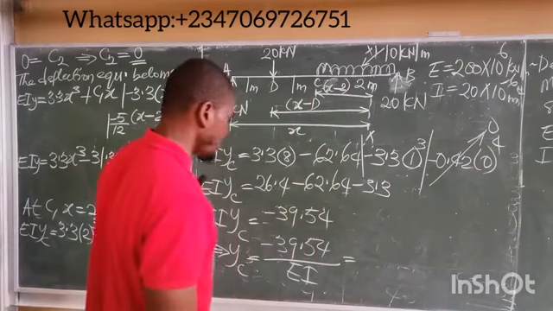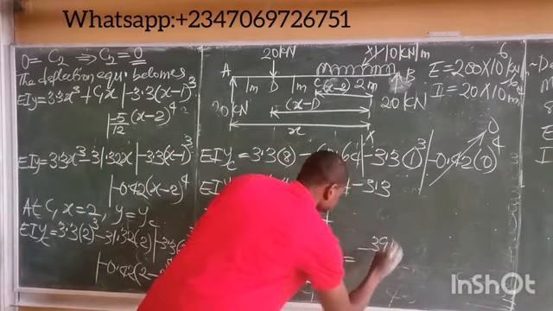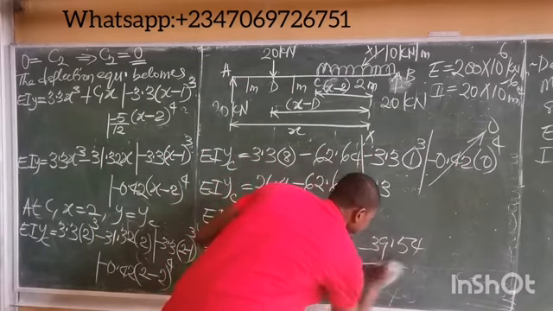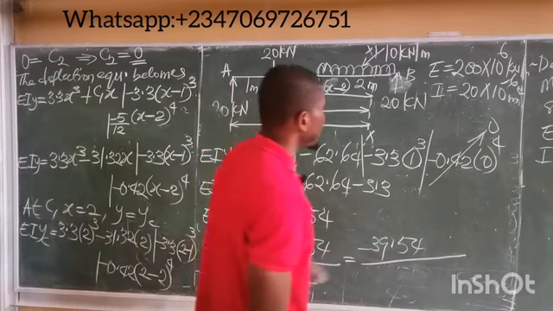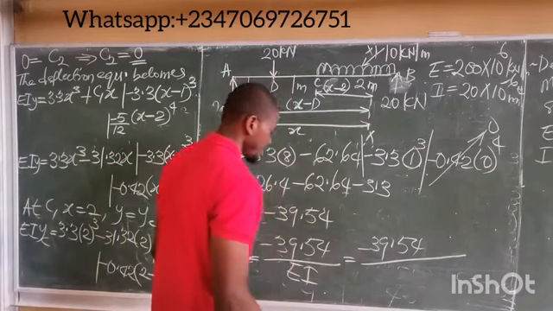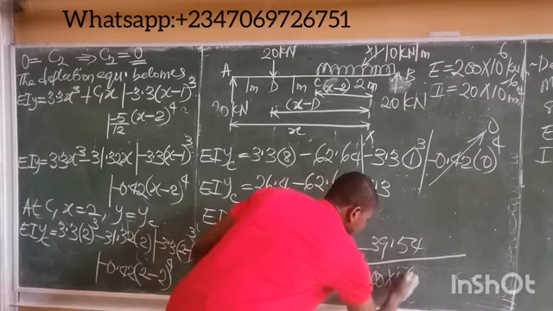So we can simply compute this. This becomes minus 39.54 all over, in place of E, which is the Young's modulus, the value is 200 by 10 to the power of 6.